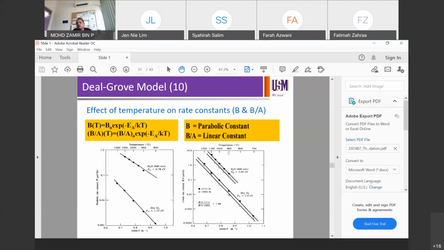If you run an oxidation process at 900 degrees C for say 1 hour, which oxidation do you expect to give you higher thickness? Will it be the wet ox or the dry ox?